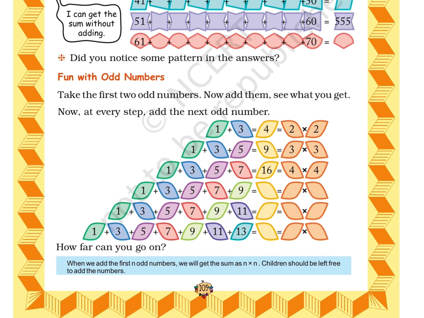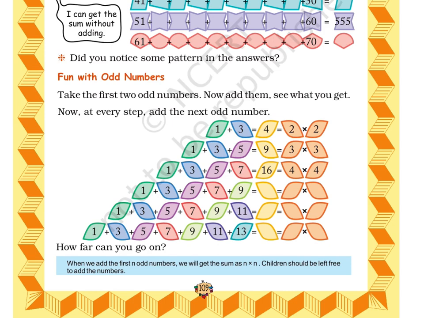1 plus 3 plus 5 plus 7 plus 9 is equal to dash is equal to dash multiplied by dash. 1 plus 3 plus 5 plus 7 plus 9 plus 11 is equal to dash is equal to dash multiplied by dash. 1 plus 3 plus 5 plus 7 plus 9 plus 11 plus 13 is equal to dash, which is equal to dash multiplied by dash.